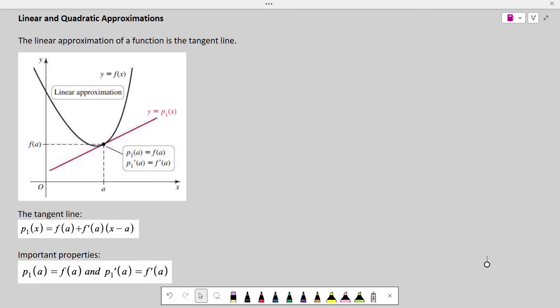And the idea is that we start with the tangent line. That's the best linear approximation. And then we generalize that. Now we're going to build the best quadratic approximation, which will have a constant, a linear, and a quadratic term. And then we build the best cubic approximation, with a constant, linear, square, cubic.